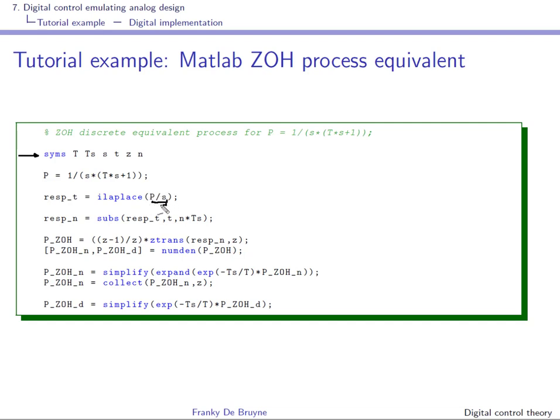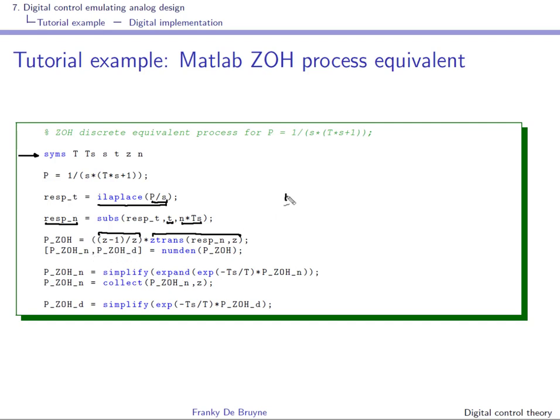To obtain the step response in the time domain, you have to take the inverse Laplace transform, and here you replace t by nTs, so this is sampling, and here we have a discrete time sequence. Once you have it, you have to compute the z transform and multiply by z minus 1 over z, and all the rest is just a matter of doing simplification, collecting things in z and obtaining the numerator and denominator.